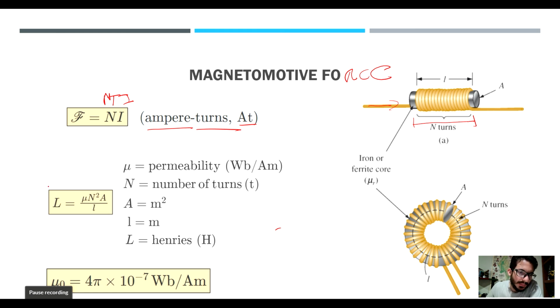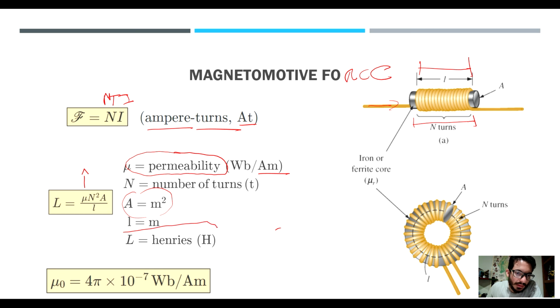The inductance is computed based on the magnetic permeability. The magnetic permeability mu has units of Webers over amp meters, and you also need the number of turns in a coil, the area, and the length, this length right here, and that will give you your inductance. This is measured experimentally and is pretty much like the dielectric constant for capacitors.